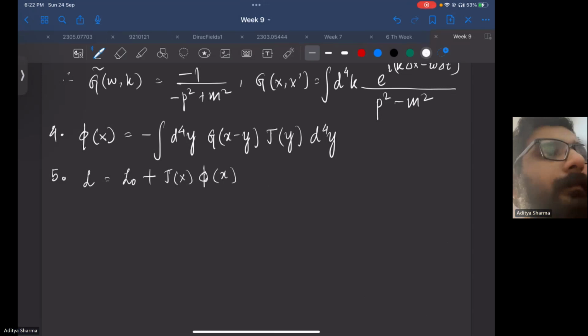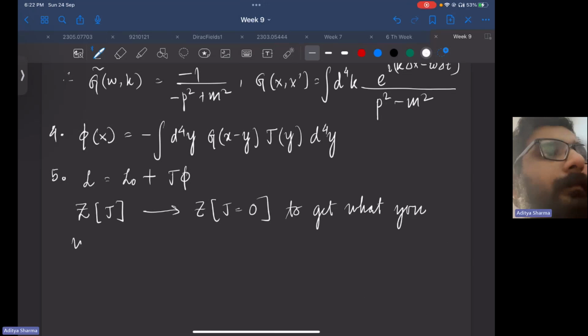The reason we are doing this is because when you calculate the path integral, you're going to calculate Z of j, and then you put j equal to 0 to get what you want.